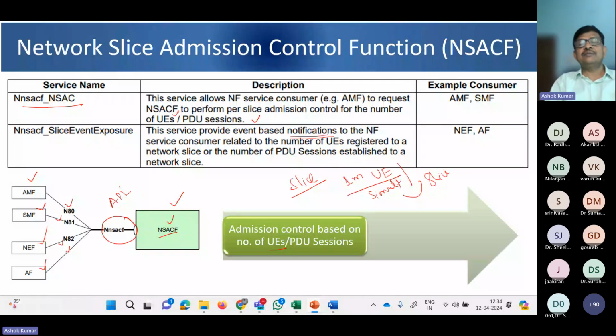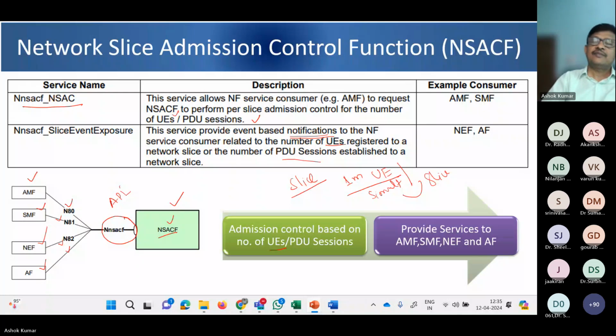This notification is about how many UEs are being served in the slice, or how many PDU sessions are already established. So that admission control is carried out by AMF. As I talked about, this provides service to AMF, SMF, NEF, and any application function.